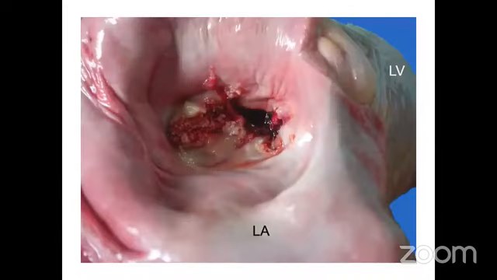Now, this is the end-on view as seen from the left atrial aspect, and we can see that the mitral valve here is definitely abnormal with large amount of calcific debris and ulceration.